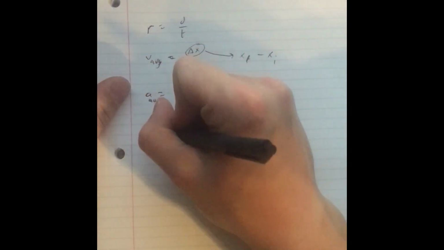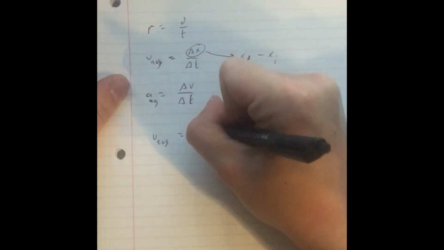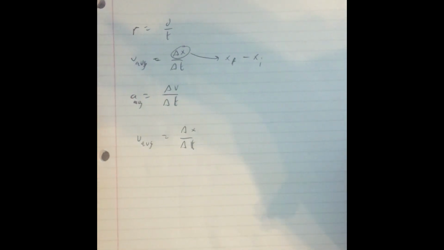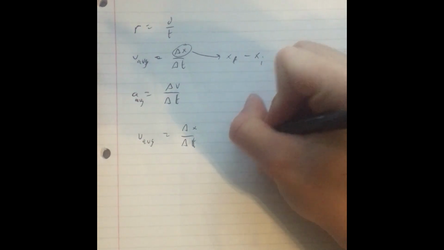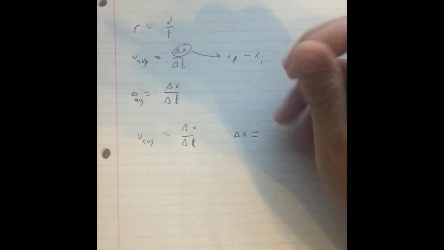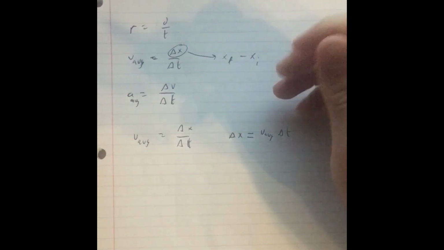Average velocity equals change in x over change in t, displacement over change in time. And we can rearrange this. So change in position, displacement, equals average velocity times change in time.